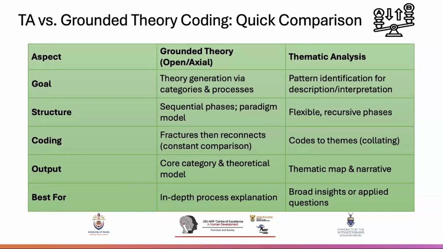The second part would be the structuring of these two methodologies. Grounded theory is much more sequential. It follows a sequence for you to analyze your data. Like I've mentioned, you start with open coding, you move into axial, and then selective. However, thematic analysis is much more flexible.